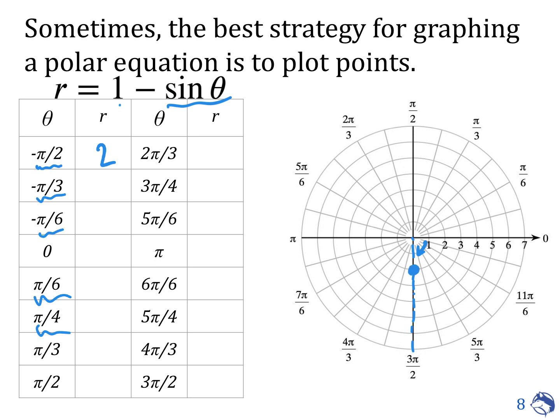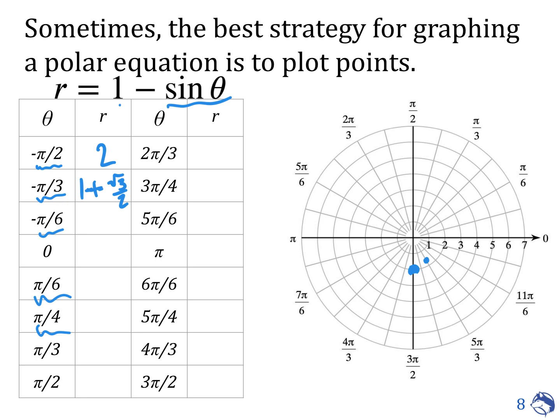If I go over to that angle, then I'm going to count out 2 and put a dot there. I'm going to proceed along that strategy for the rest of this, but I'm going to try to go not super slowly. The sine of negative pi over 3 is negative root 3 over 2, so I'm going to do 1 minus negative root 3 over 2, or 1 plus root 3 over 2.